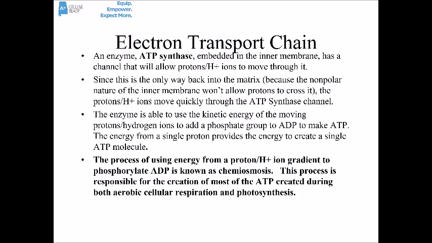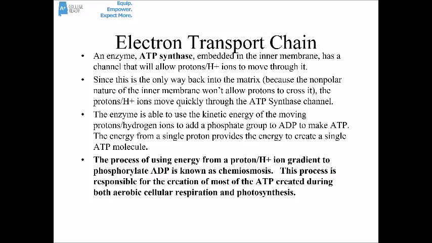An enzyme called ATP synthase is embedded in the inner mitochondrial membrane. It has a channel which will allow protons to move through it. This channel is the only way back into the matrix for the hydrogen ions, or protons, because the inner membrane is mostly nonpolar and won't allow protons to go through it. So when that channel is open, the protons will move very quickly from the intermembrane space through the channel back into the matrix.